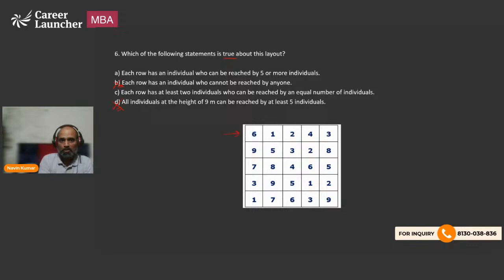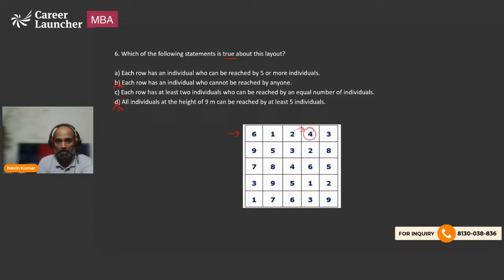So the first row, if we look here, this 6 can be reached by 1, it can be reached by 2, it can be reached by 4. So 6 cannot be reached by 5 or more. Next one definitely cannot be reached by anyone. 2 can be reached via 1, and that's it. So far, we haven't got any platform which can be reached by 5 or more individuals.